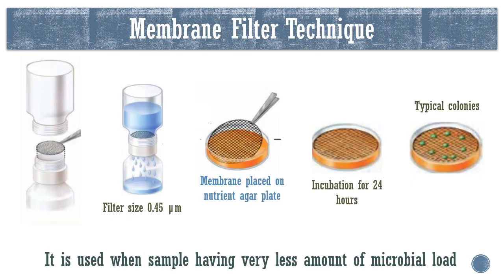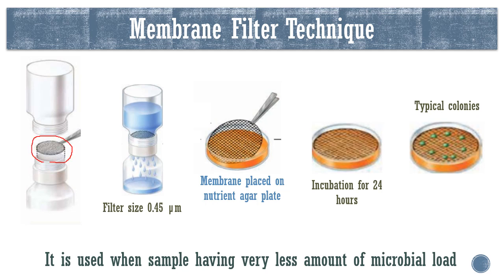Let us come to a very useful method, that is the membrane filter technique for cell count. It is useful when the sample has a very small amount of microbial load. As you can see in the diagram, there are two bottles and between them a filter is placed.